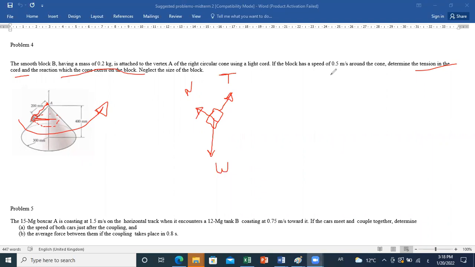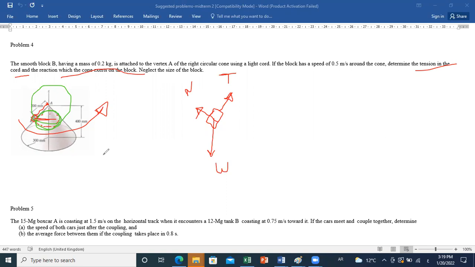Not toward A, because in circular motion the block is turning around A, or it's moving on this horizontal circle. The block is moving on the cone.